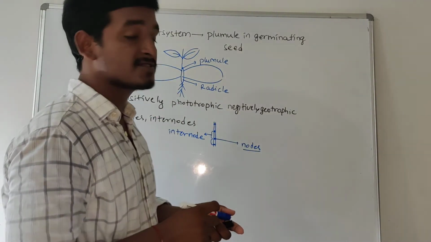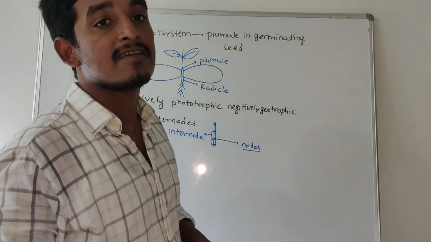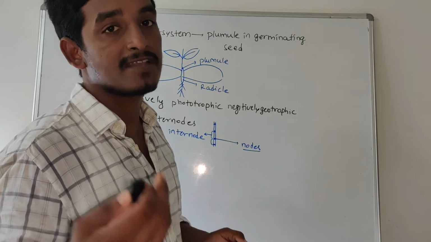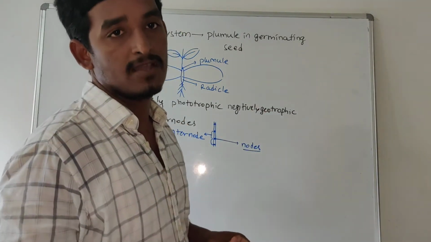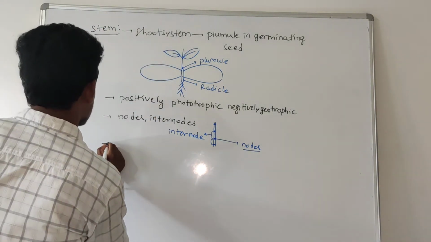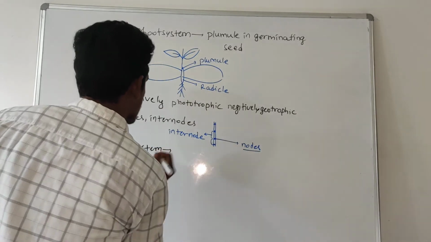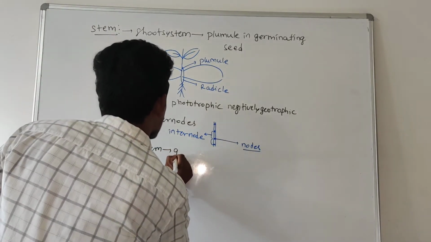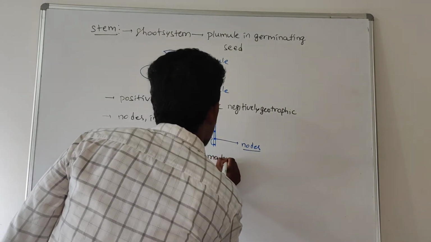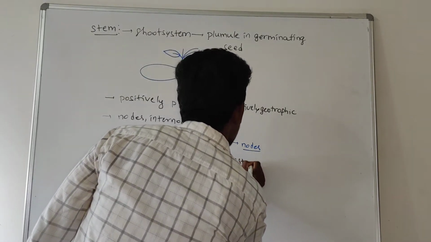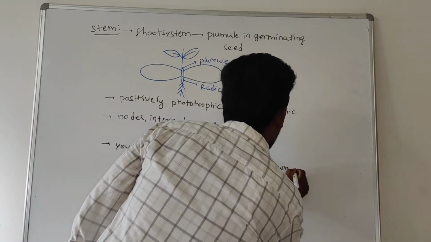What is the color of the stem? Generally, young stems are green in color. If the stem is matured, if it is aged, then it becomes brown in color.